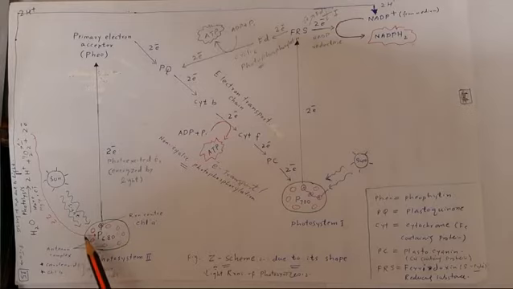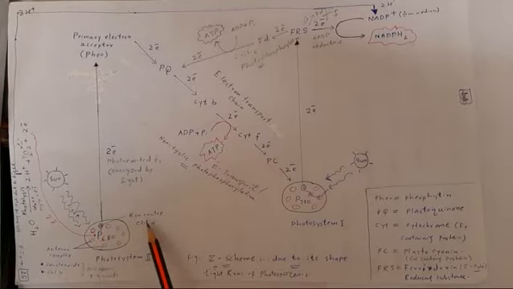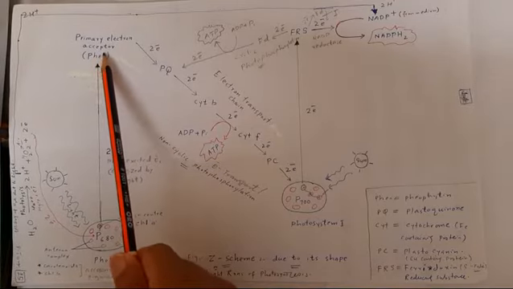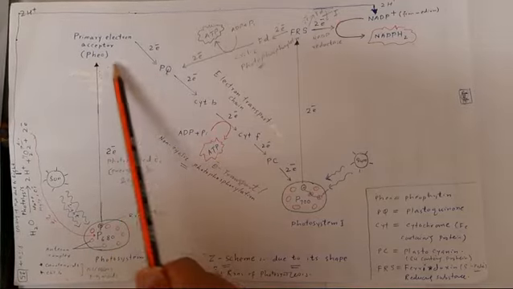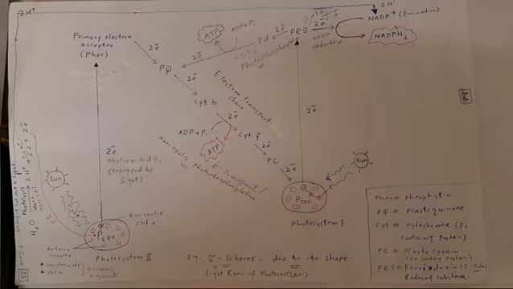All absorb light energy and transfer it to the reaction center, while the reaction center has one or more molecules of chlorophyll A along with primary electron acceptor and electron carriers.